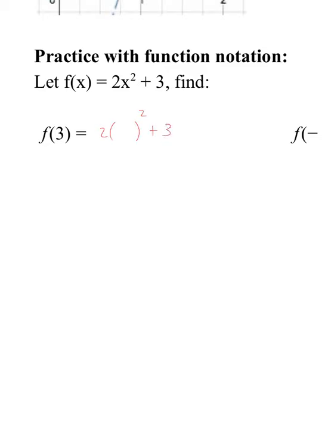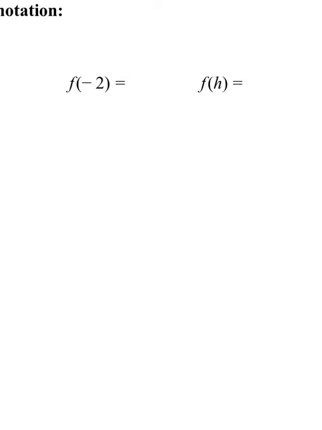And instead of x, we put in 3. All right, now we just go to work. The 2 comes down because we do exponents first. 3 squared, of course, gives me 9 plus 3. 2 times 9 gives me 18. 18 plus 3 is 21. So f of 3 is equal to 21. All right. Okay, now let's do f of negative 2.